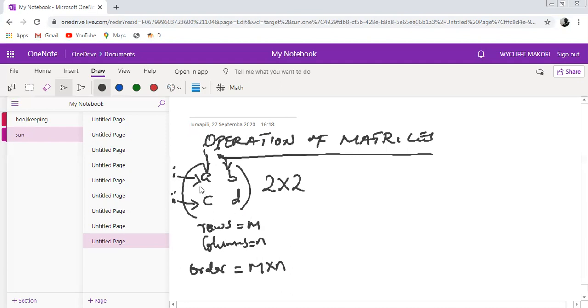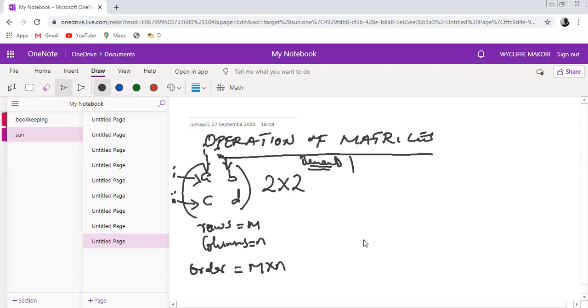It should always be the rows first times the number of columns second. So this is a 2 by 2 matrix. And A, B, C, and D are what we call the elements of that particular matrix, or what make up that matrix. These elements should always be enclosed in a bracket.